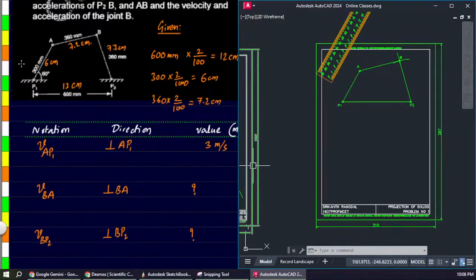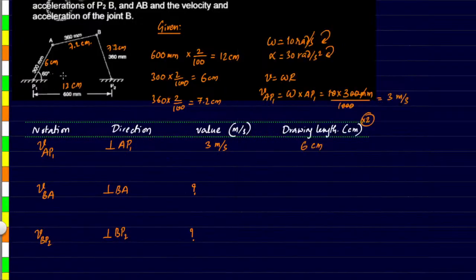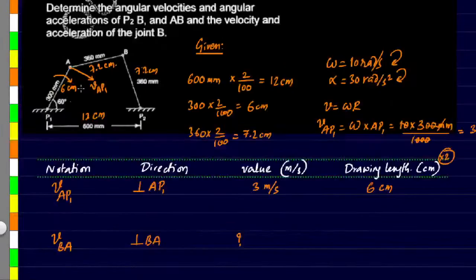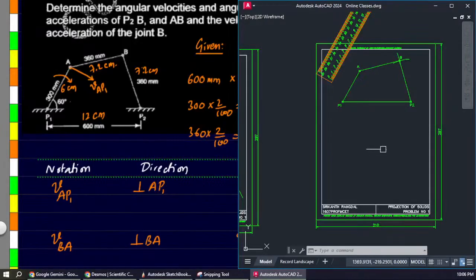The velocity of A with respect to P1, because the rotation is clockwise, will be somewhat in this direction. Because the velocity is in this direction, while taking the point on the sheet, we should ensure that it is somewhere on the left side.